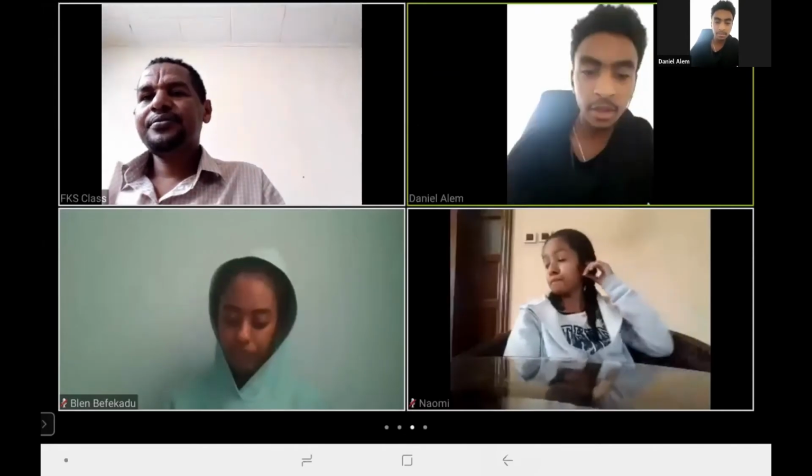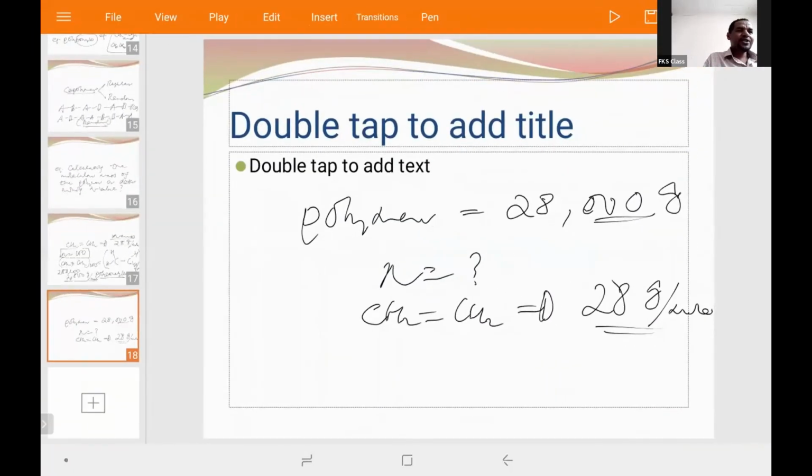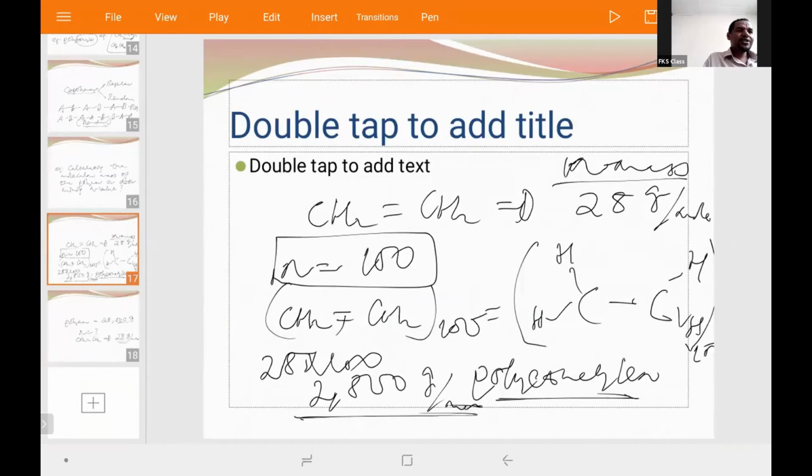Let the question be repeated. We have seen the previous one. In polymerization, particularly in a homopolymer, we have a single monomer of the same type, for example polyethylene. A single unit monomer is CH2, which is ethylene, and from this ethylene polyethylene is formed.